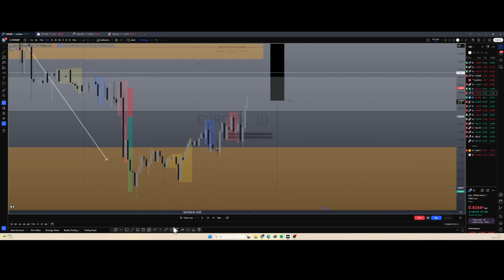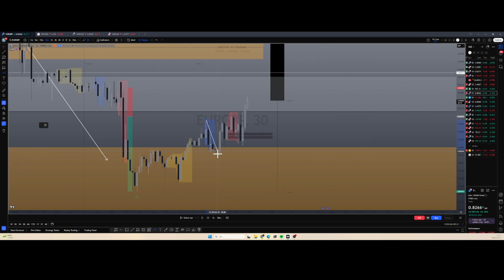But here we can see that price, this is why forex is not good if you compare it to futures contracts, because the forex brokers can show you whatever on the chart.